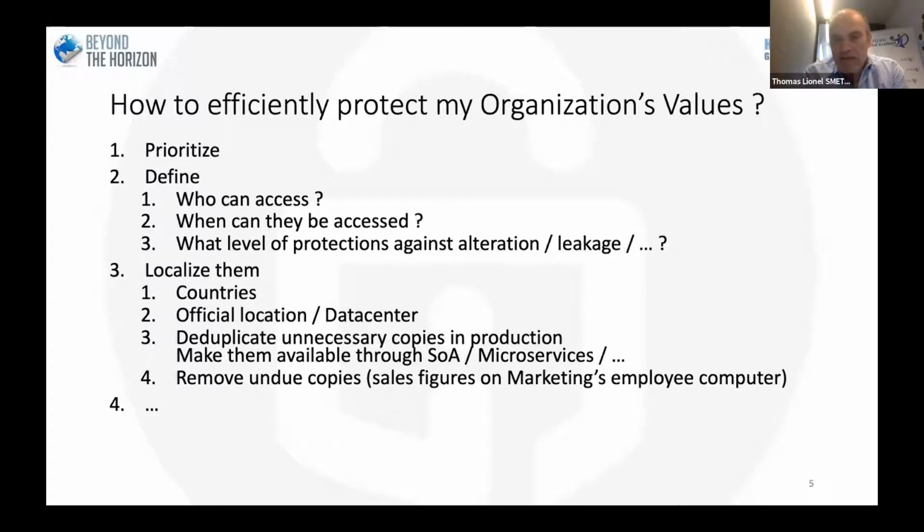And basically we can then decide whether to deduplicate where necessary, or remove duplicated copies, or make them available in several places. So the question is more removing undue copies, and I mostly talk about data because it helps people visualize that, but basically that goes nowadays with services. Do we have services of previous versions that are still running in some places?